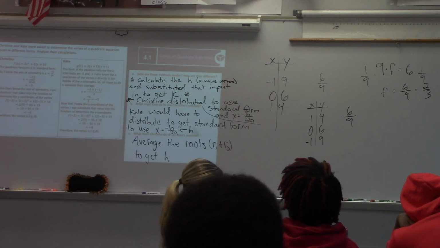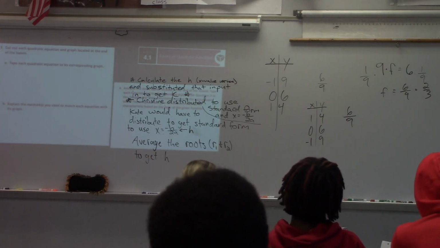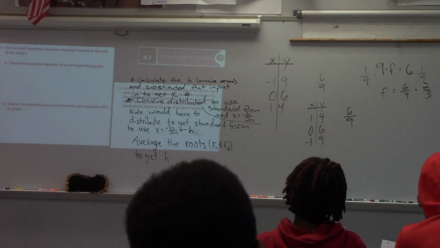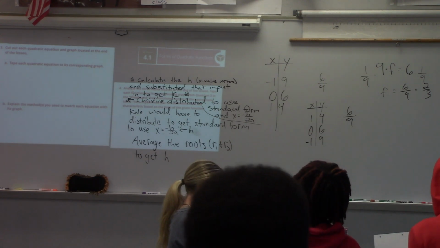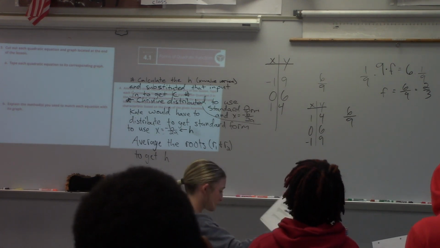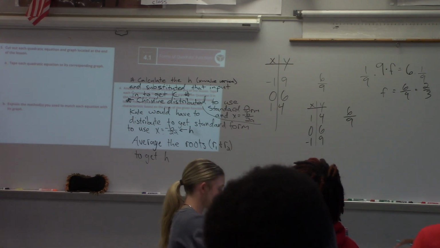So we're going to use this information in the next part of this, which is the more interactive part. So we're moving to number 3 in the book. It is on page 56. Okay. I believe I have already set everybody up to be able to cut out each quadratic equation and graph.